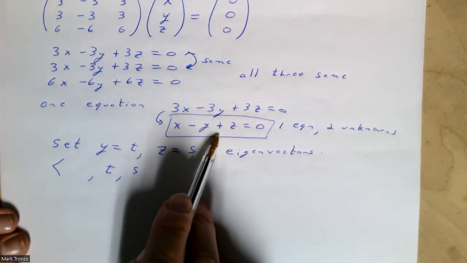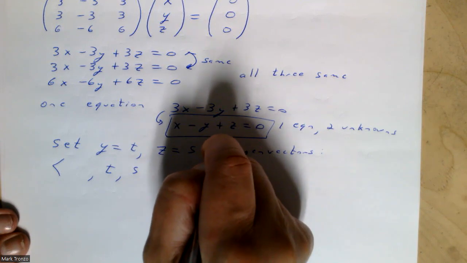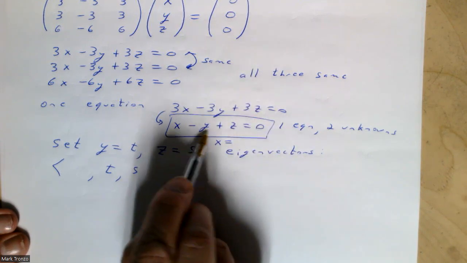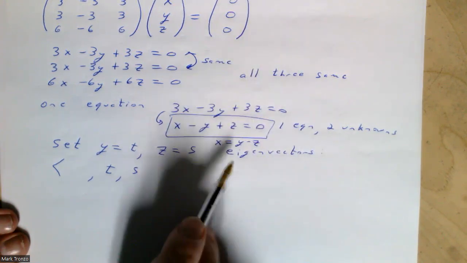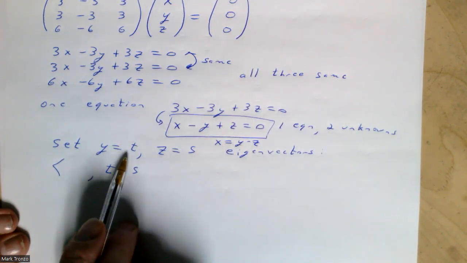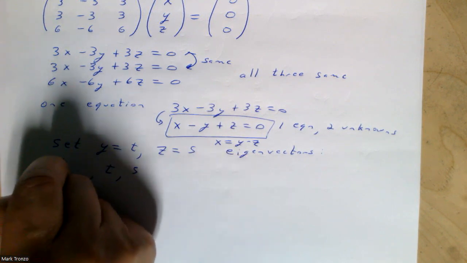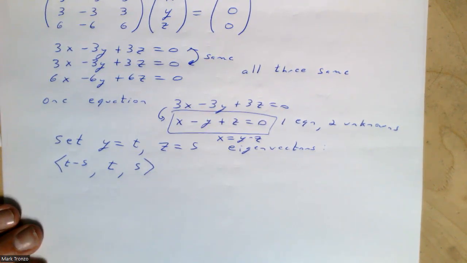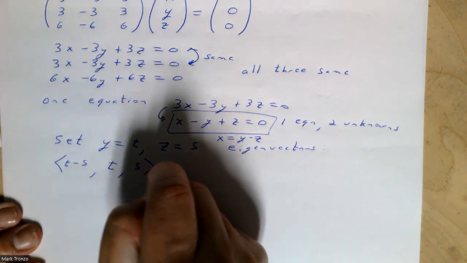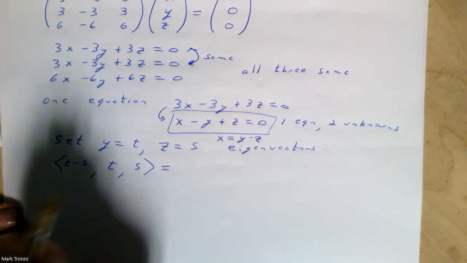And then if you solve this here, you would get x equal to y minus z, or x would be equal to t minus s. So once again, now we have two parameters like this. So now let's see if we can separate the parameters.